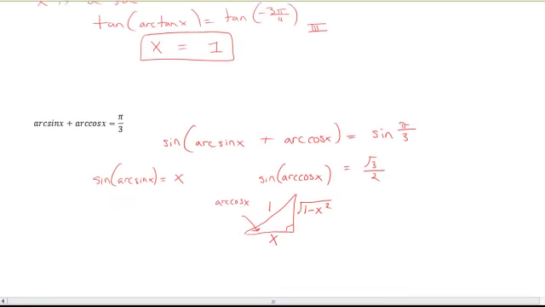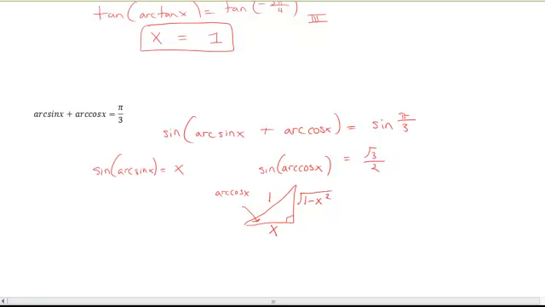If I then want to know what sine of that angle is, I simply take the sides of my triangle and say that sine of arc cosine of x is going to be equal to the square root of 1 minus x squared. It's going to be the opposite side over the hypotenuse.